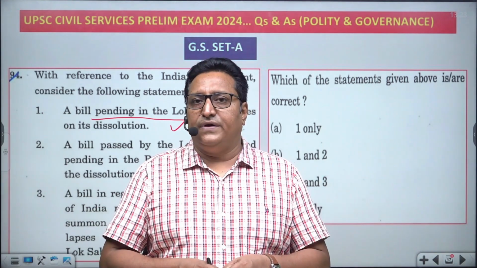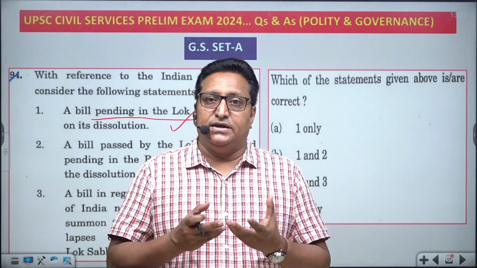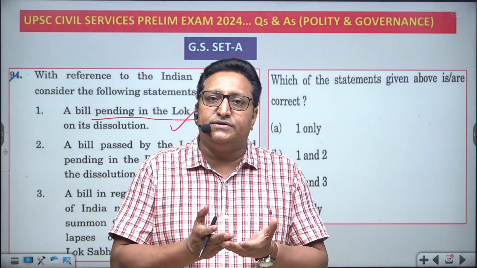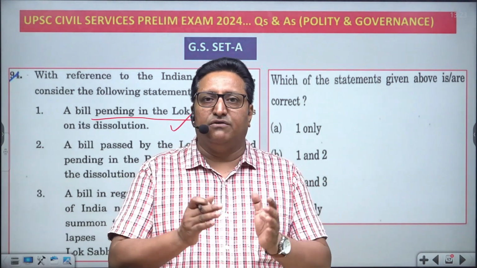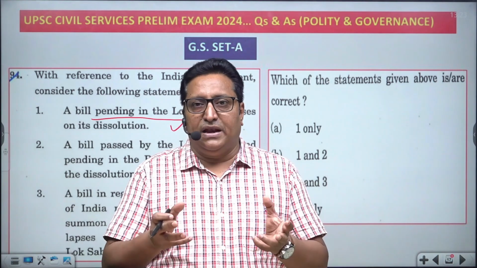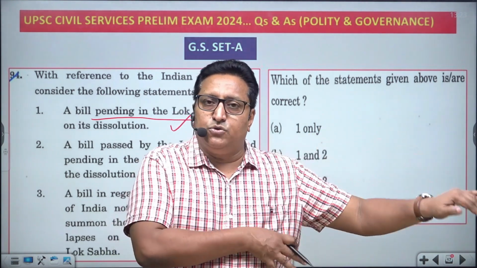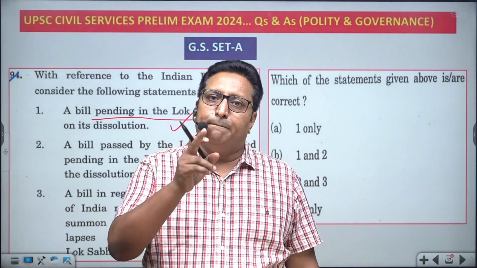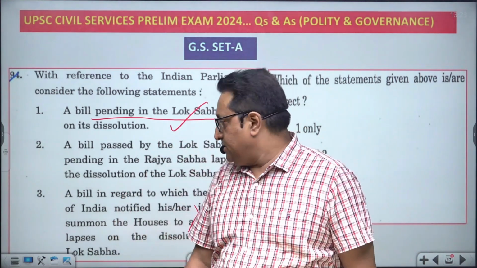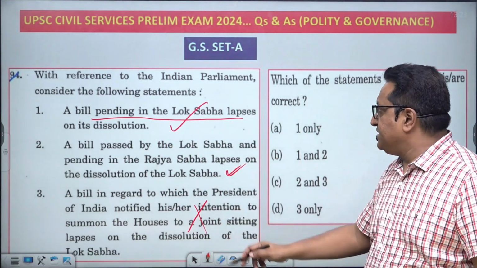Now if in that case the President of India has already notified the summoning of a joint sitting to consider the bill, and in the meantime the Lok Sabha gets dissolved, then the bill shall not lapse, right? So this statement is incorrect.